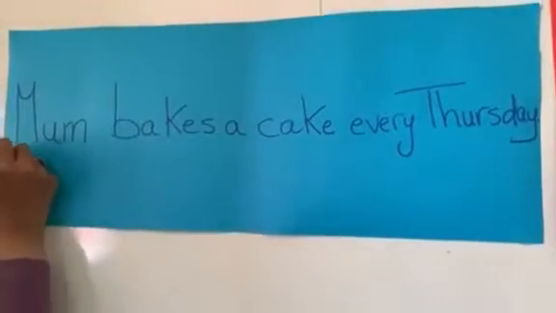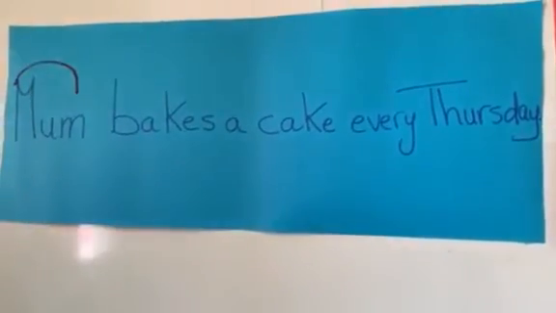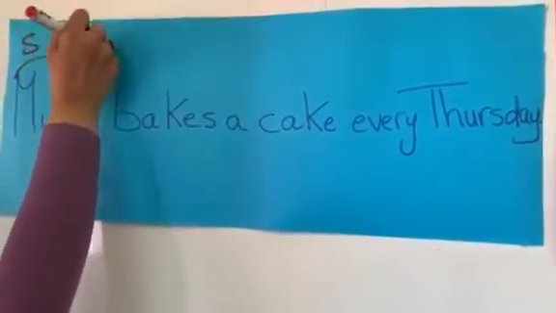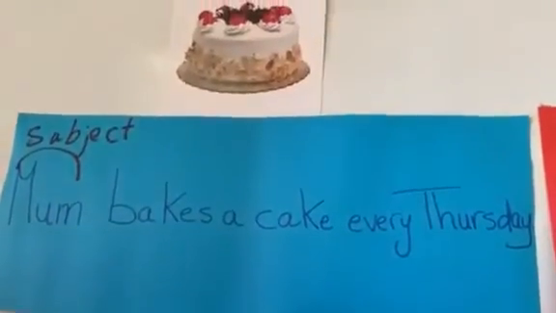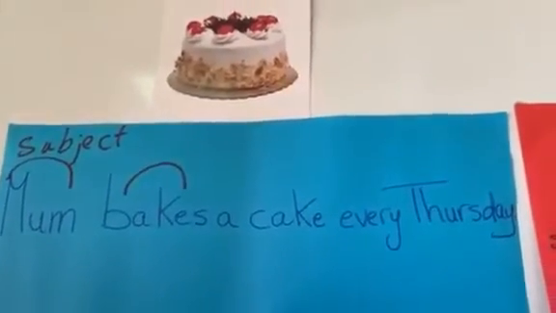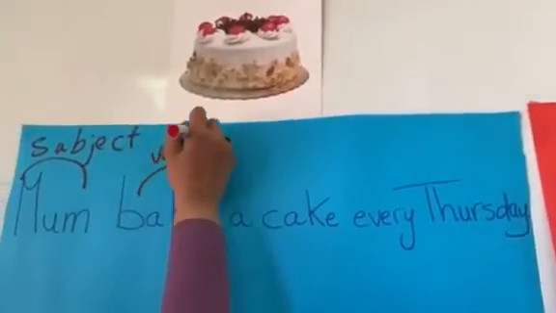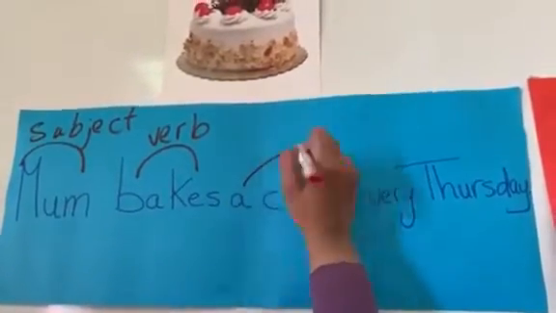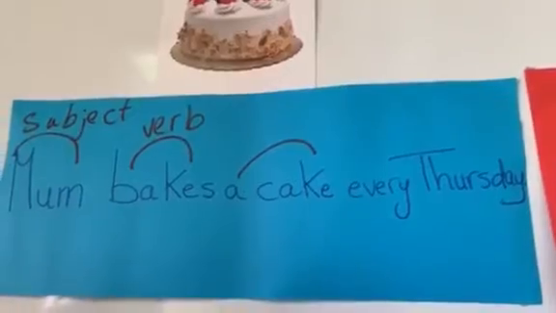What part of speech is this? It is the subject, the one who does the action, okay? And what part of speech is this? It is the verb, okay? The main action. And now, here we have a cake. What part of speech is it?